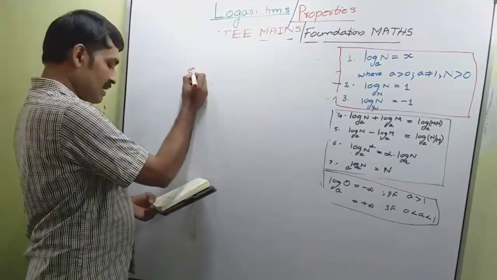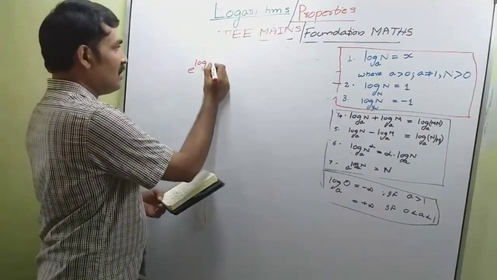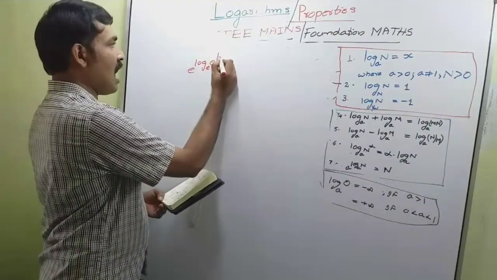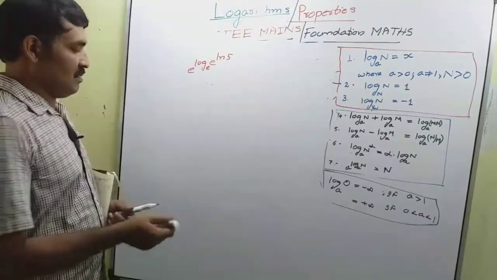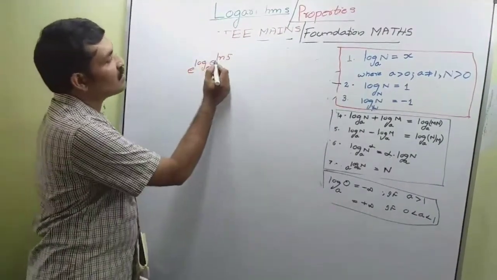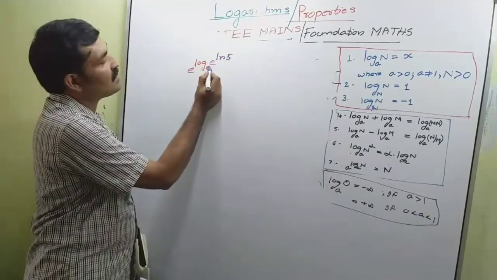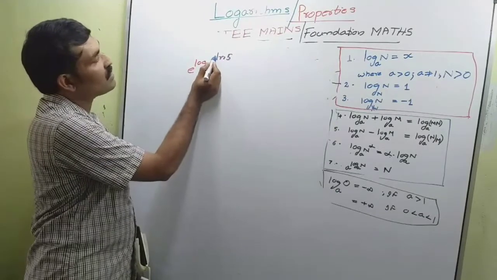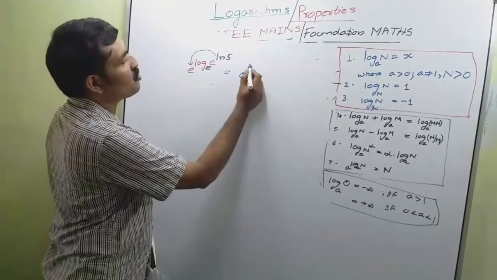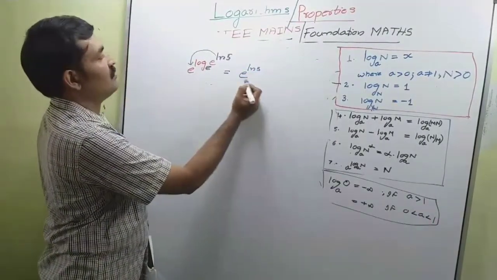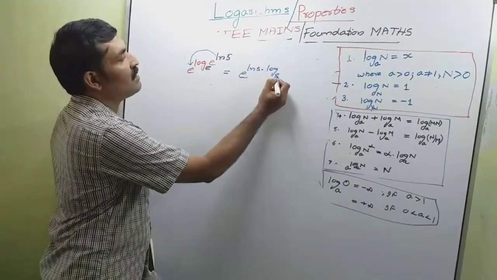Okay, e raised to log e, that is ln, here e the power ln 5. Okay, in this question, this is e raised to ln of 5. This is base e. Okay, now this will jump here. So we can write this is equal to e raised to ln 5 into ln, that is log e to the base e.